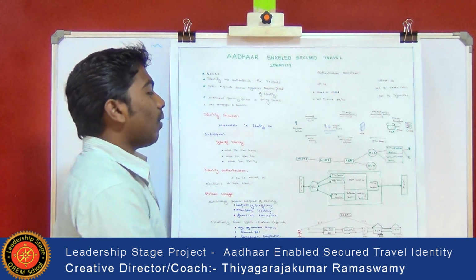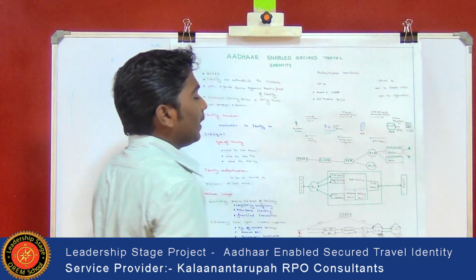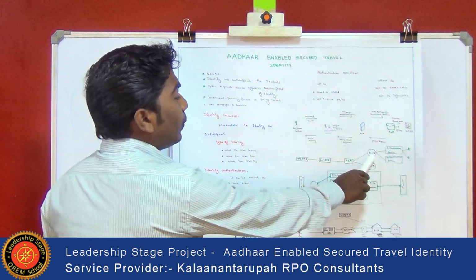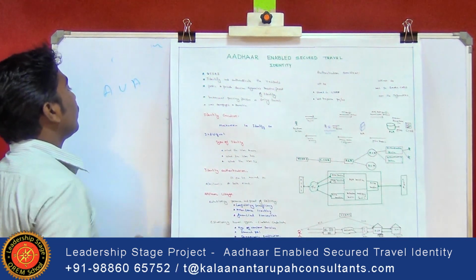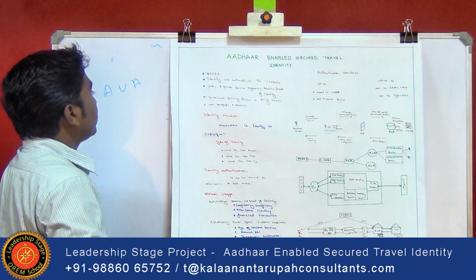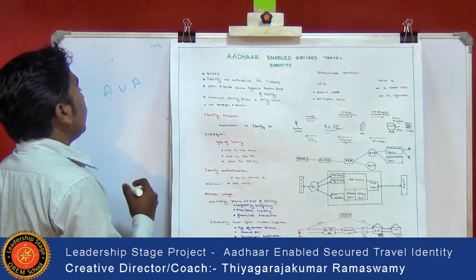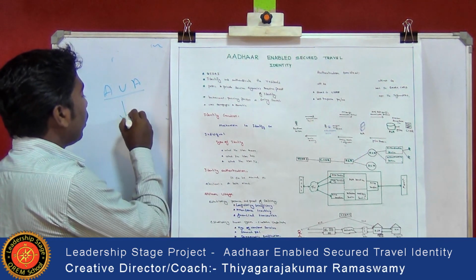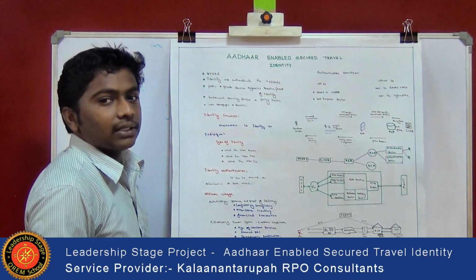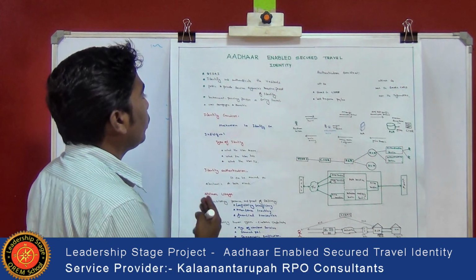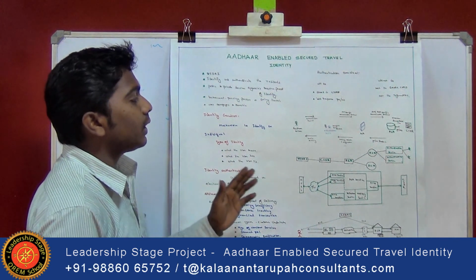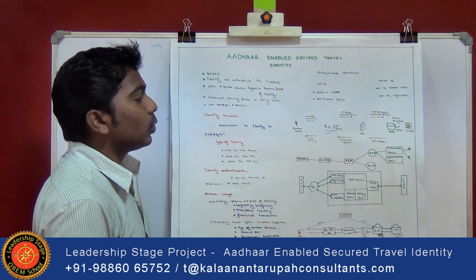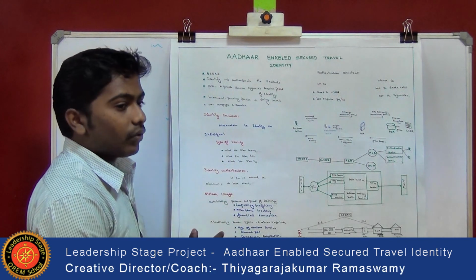And this is the component structure of our application. AUA stands for Authentication User Agency. Any organization or application that needs to use the Aadhaar will need to register in the CIDR so that they can use the services of Aadhaar.